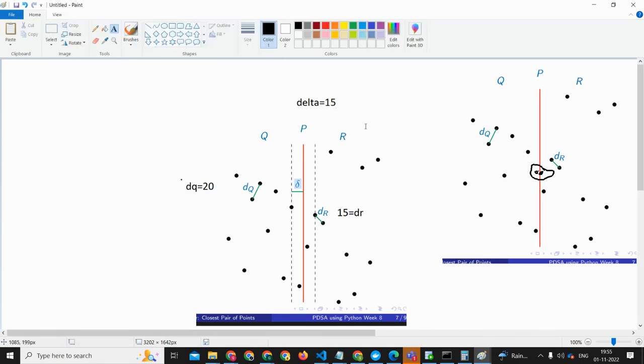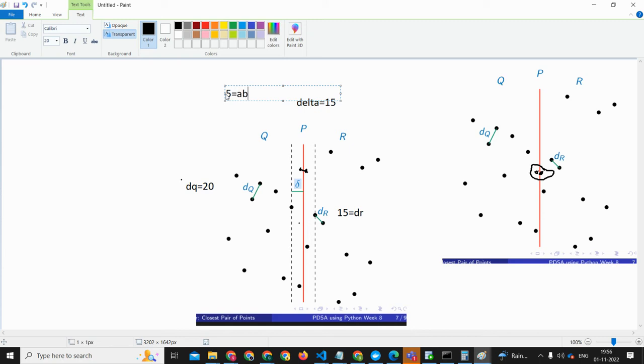So this is the distance. Now I'm going to put some imaginary points. One point is here and one point is here, and the distance between these two points is very, very small, which is nothing but 5.